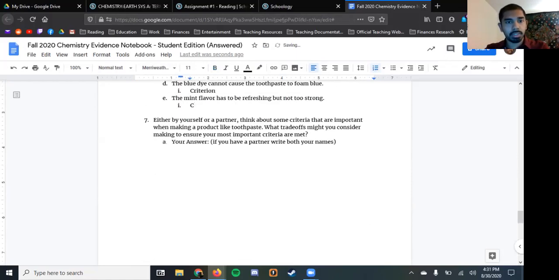Control Z, Control Z, here we go. I want my toothpaste to be visually appealing and minty, fresh. And so the trade-off is, I would be willing to have my paste foam blue, right?